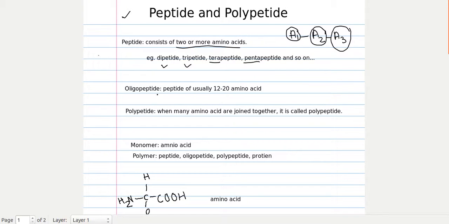Now, what is an oligopeptide? When the amino acids are usually between 12 to 20, it is called an oligopeptide. See, there is no clear-cut boundary of how many amino acids should be in an oligopeptide, but usually there are 12 to 20.